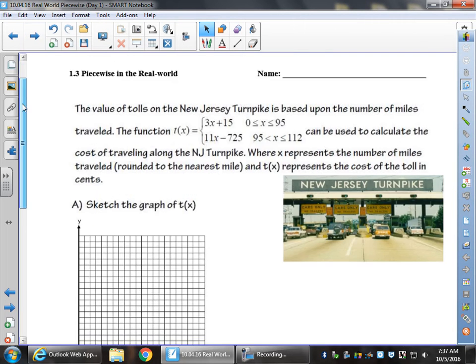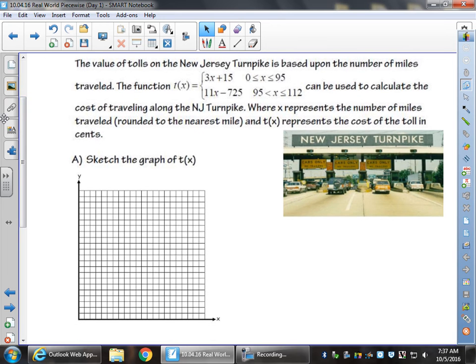Toll booths. Toll booths are how they pay for highways. Are there any places like that? I feel like there are. New York and Boston for sure, and Jersey, obviously.